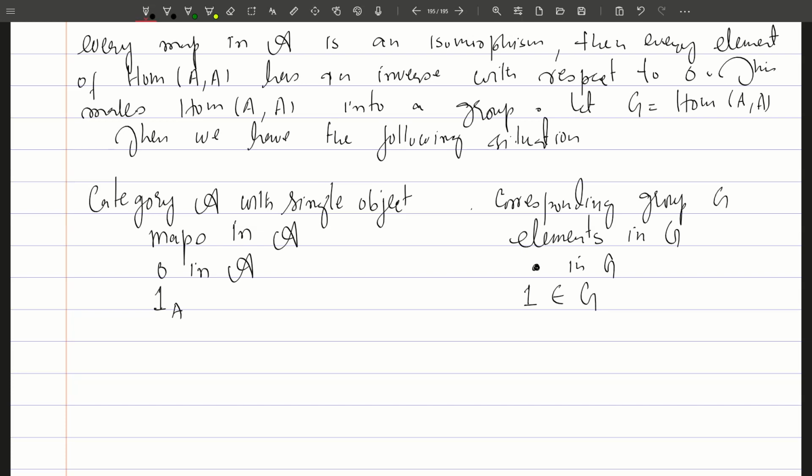So that means we can identify a category with one object with a group.